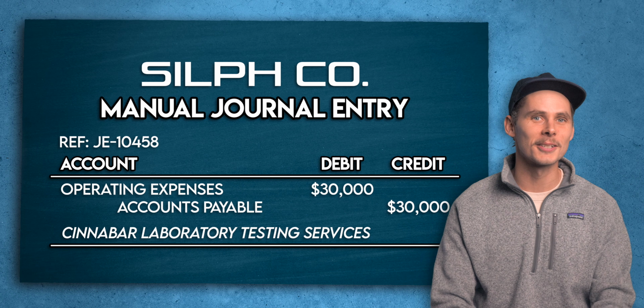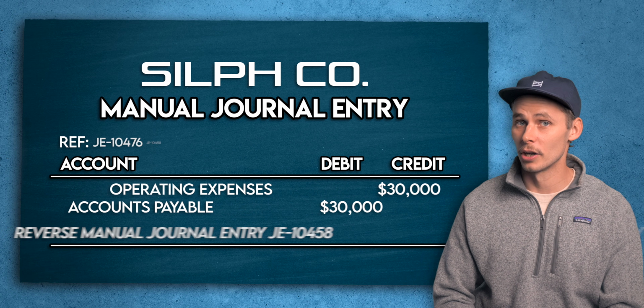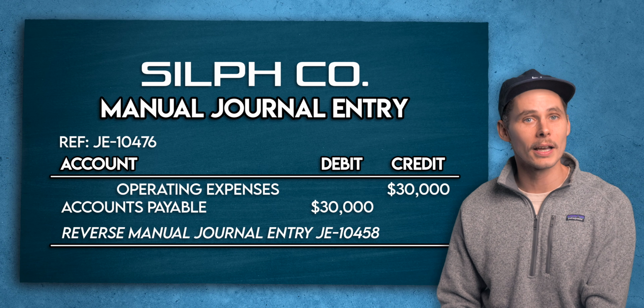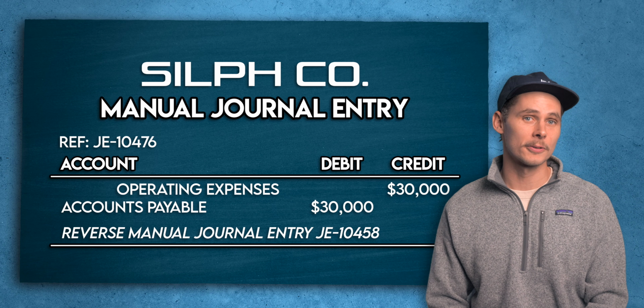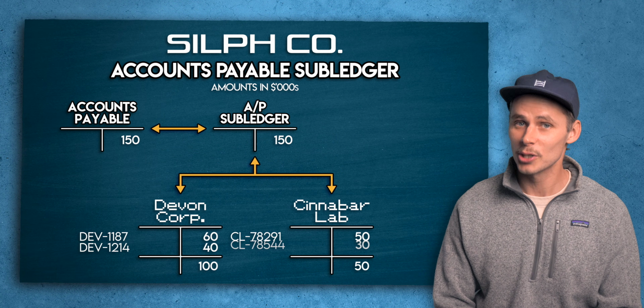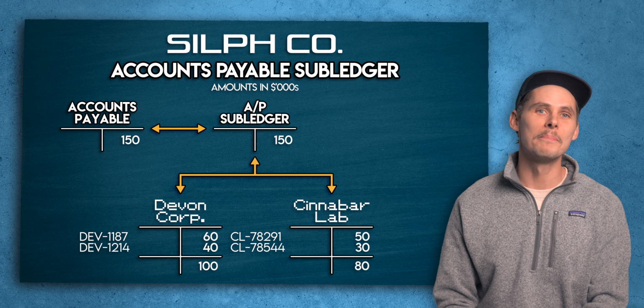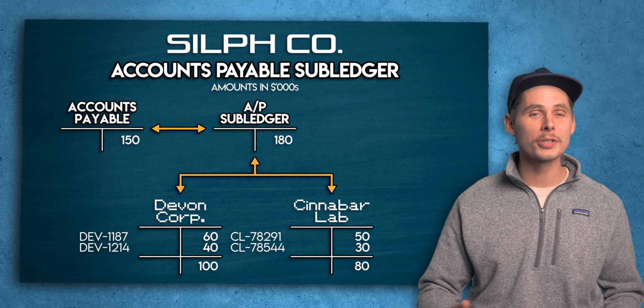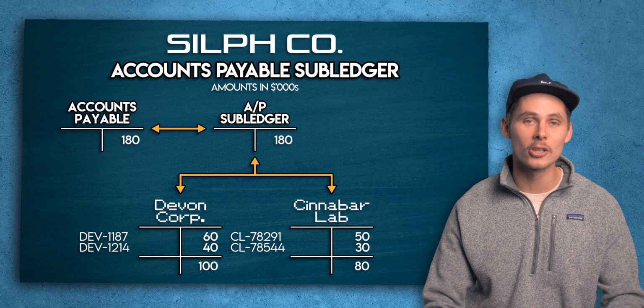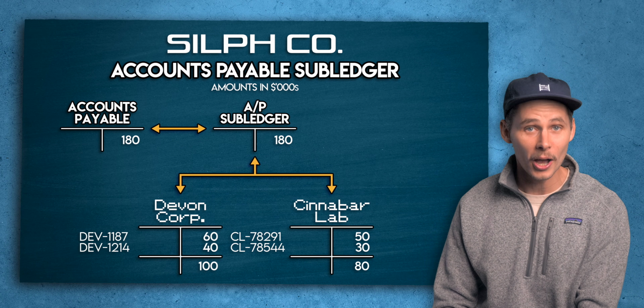Here's how we fix it. First, we reverse the manual journal entry by posting this one here. This removes the $30,000 from the control account. Next, we enter the invoice correctly through the accounts payable subledger. When we enter a bill this way, our accounting software automatically creates a journal entry behind the scenes, updating the control account at the same time.